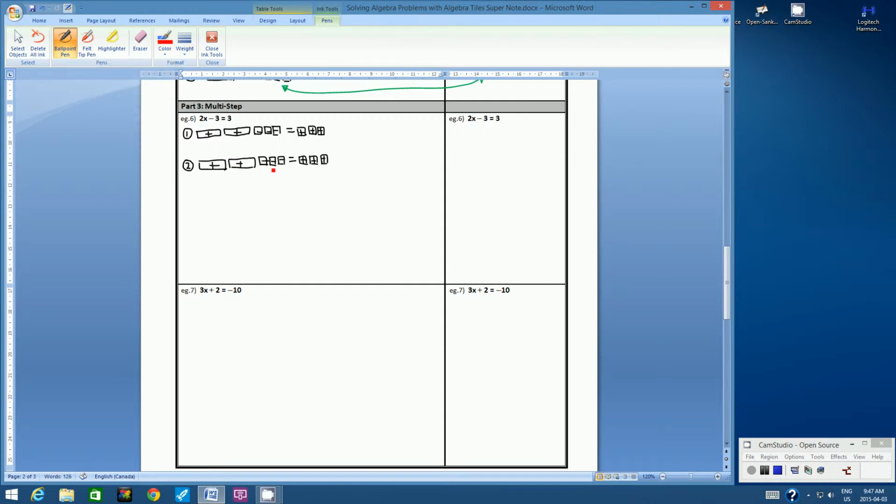I want to get rid of the 3 negative tiles. Remember how to do that from our Part 1 video? To get rid of 3 negative tiles, we add 3 positive tiles. And it has to be exactly 3 positive tiles because I don't want any leftovers here. I want to create perfect zero models. And whatever I did to the left-hand side, I have to do to the right-hand side.